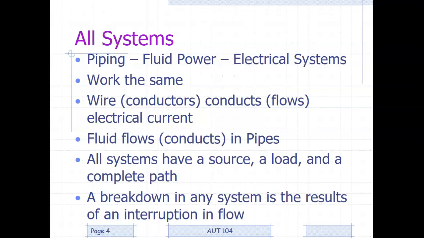But there you go. So that would be a breakdown in the system. Traffic should flow, but let's say somebody decided to play a little bit of bumper cars. There's your breakdown, right? So all systems follow three basic things. You can find your source, you can trace your path, and you will find your load.